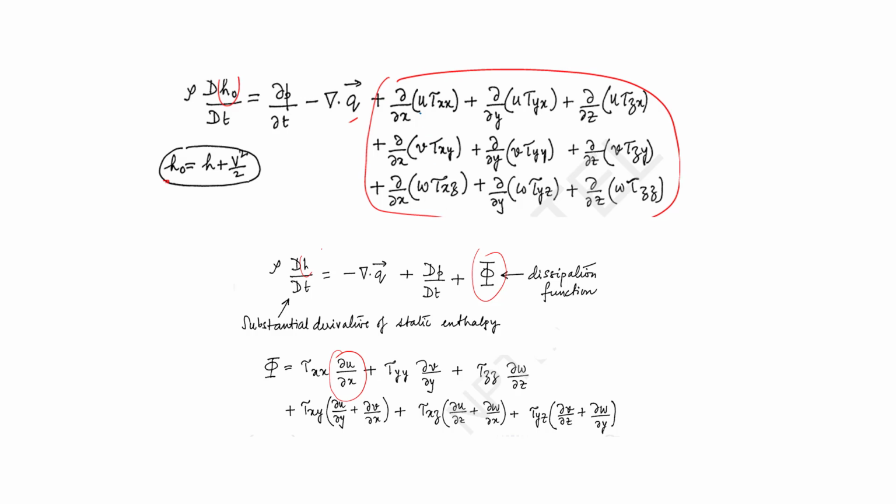If we write it in a different form, then it will be rho dh upon dt equal to minus del dot q vector plus dp upon dt plus phi, where phi is the dissipation function, and its value is given by phi equal to tau xx dou u by dou x plus tau yy dou v by dou y plus tau zz dou w by dou z plus tau xy times dou u by dou y plus dou v by dou x, plus tau xz times dou u by dou z plus dou w by dou x, plus tau yz times dou v by dou z plus dou w by dou y.